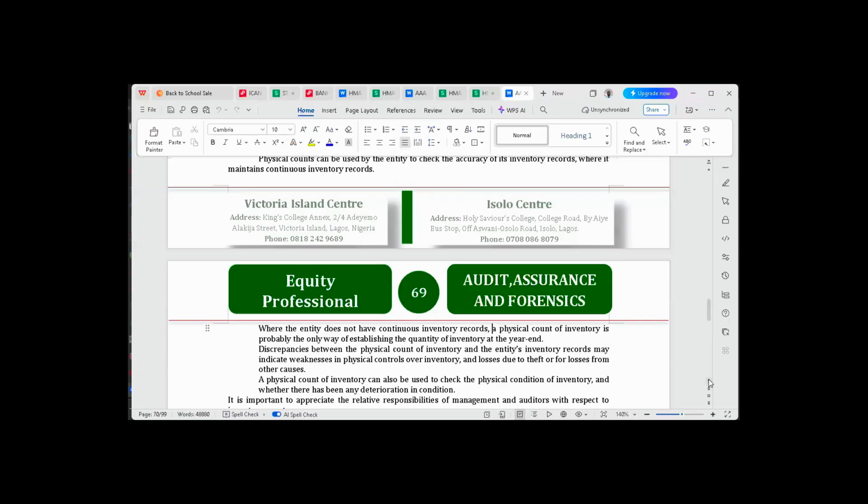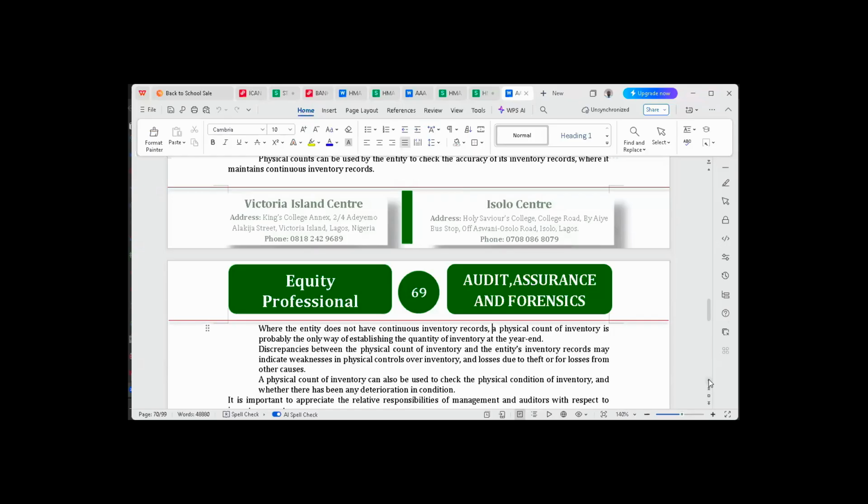When there are variances in any of these areas, there will be need for further audit procedures to be performed. We need to investigate the reason why the variances occurred in the first place.